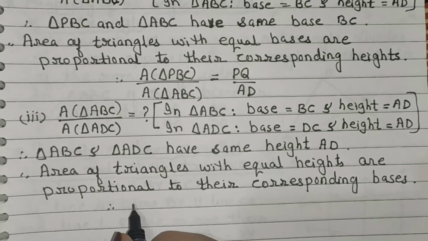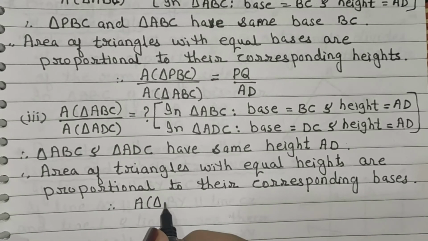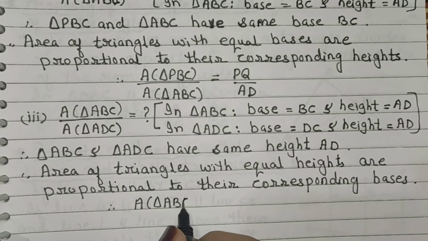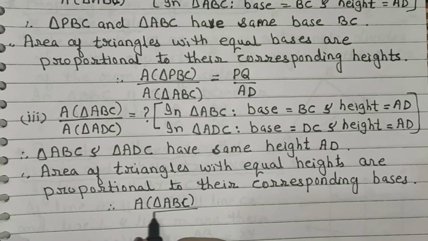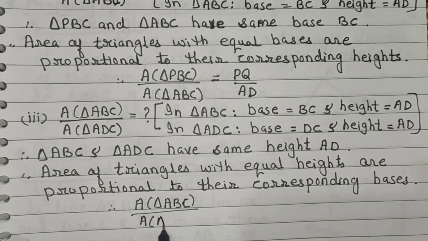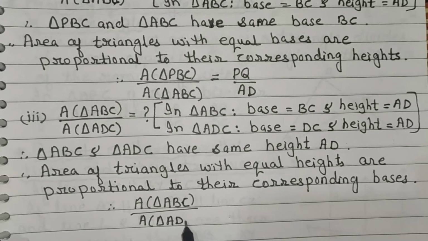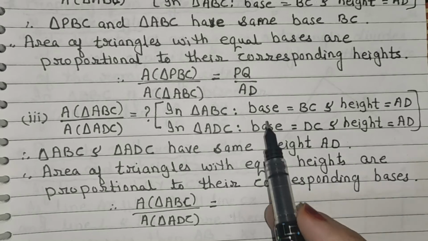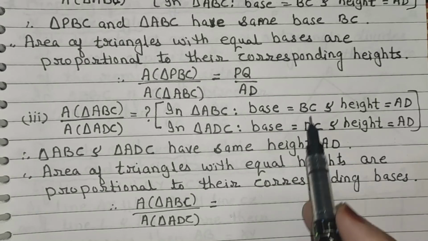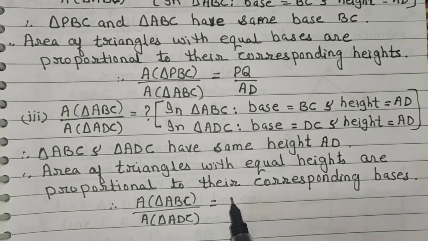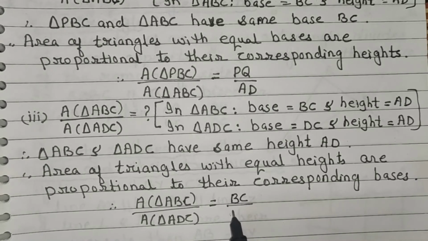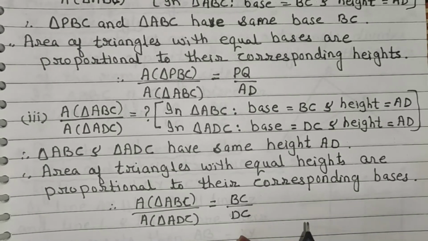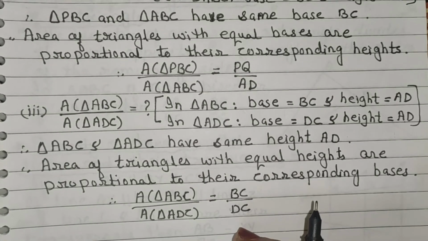Therefore we can write here: area of triangle ABC upon area of triangle ADC is equal to, now heights are equal here, therefore corresponding bases are BC and DC. Write down here BC upon DC. It is the answer of the third question.